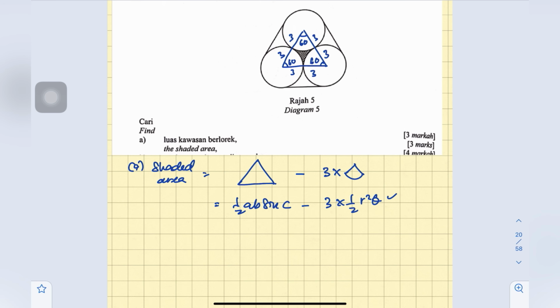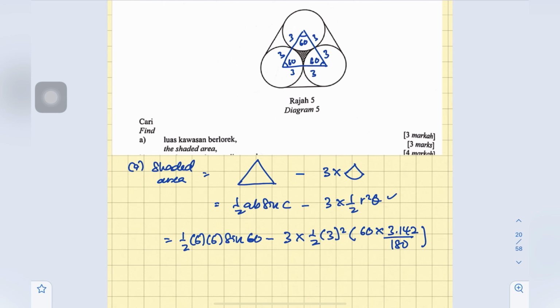Okay, so we substitute. For the triangle, 1 over 2, sides 6, 6, sin 60. Then minus 3 times the sector. The sector is 1 over 2, r is 3, squared, theta is 60 in radian, so times 3.142 over 180. We just calculate and we get 1.4495.